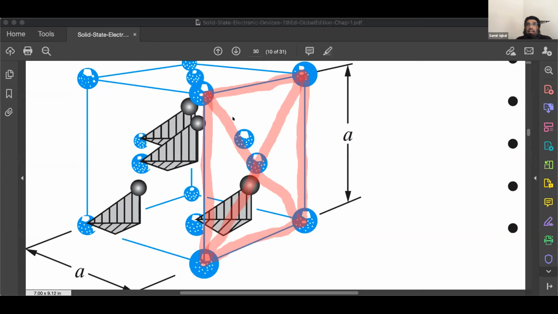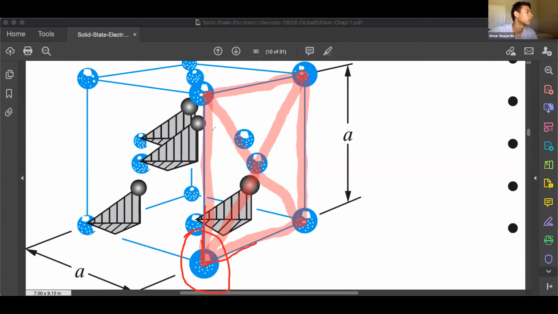If I were to pick one, what is the contribution of, say, this atom to that square? Now we are talking 2D, so don't look at the sphere, look at it in 2D, that'd be a circle, right? What's the contribution to this side of things? 1/4.